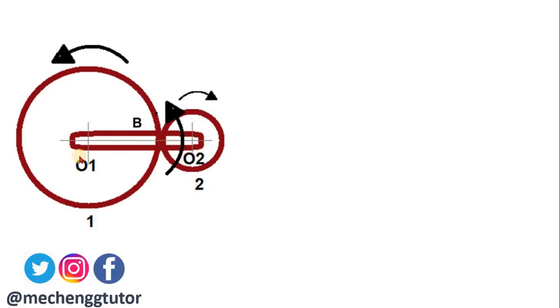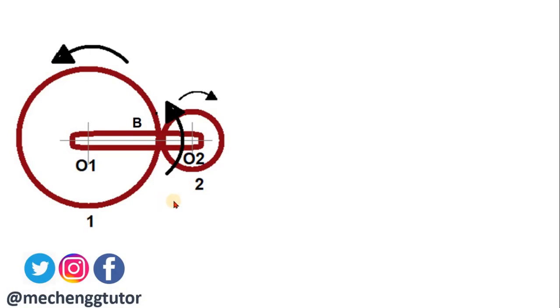The second case will be when O1 is fixed and O2 is free, then along with the rotation of small wheel in clockwise direction, the arm and the small wheel together will rotate in counterclockwise direction, as you can see in this arrow. The third case will be you release the O1 and fix O2, then the larger gear 1 and this arm will rotate in clockwise direction.